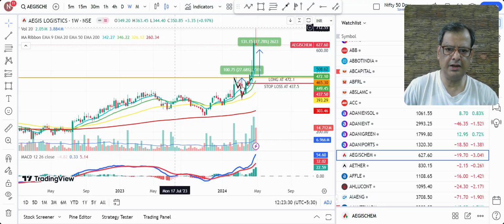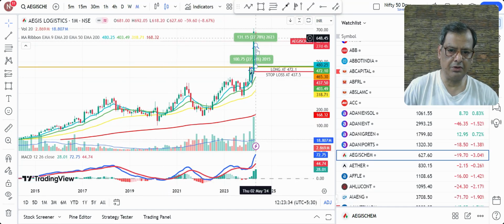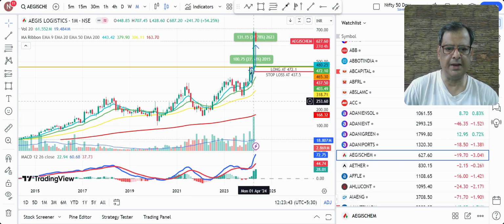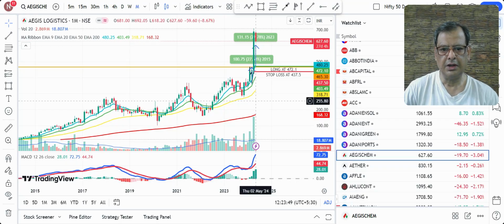And then you can look at the monthly as well. If you look at the monthly, forget the red candle here, because right now we are in May, and I was looking at basically April. I'm shooting this in the month of May 24, and we are looking at April 24.